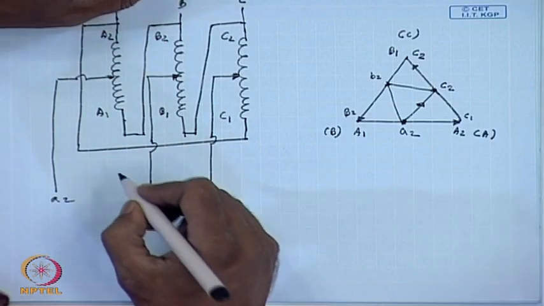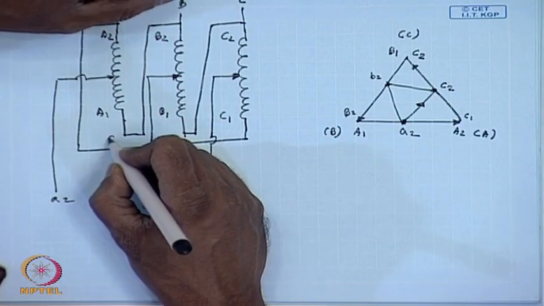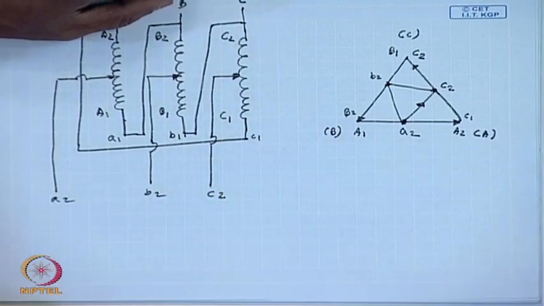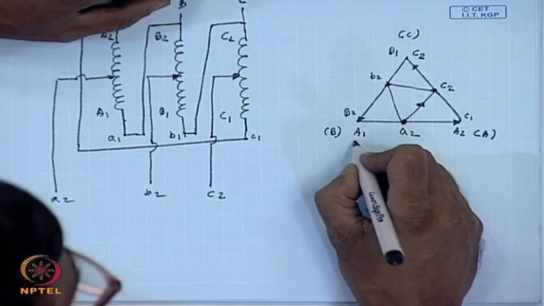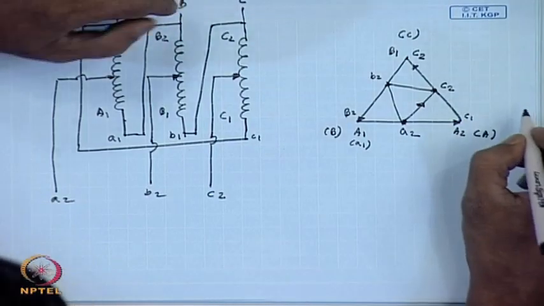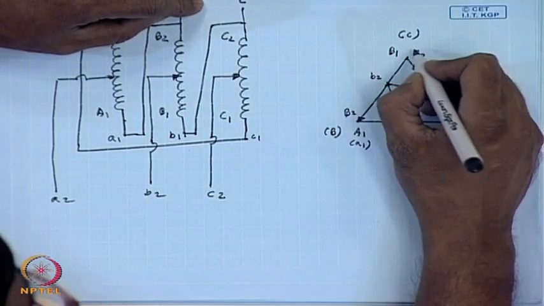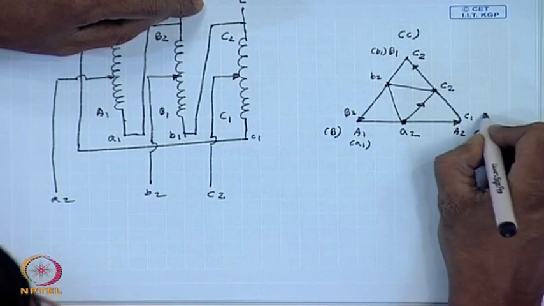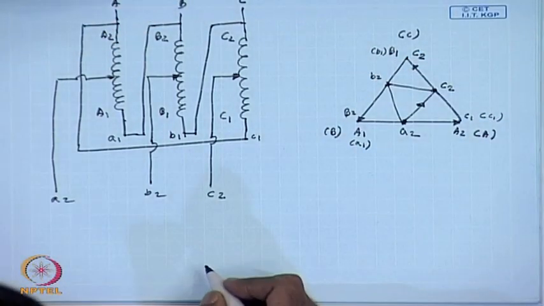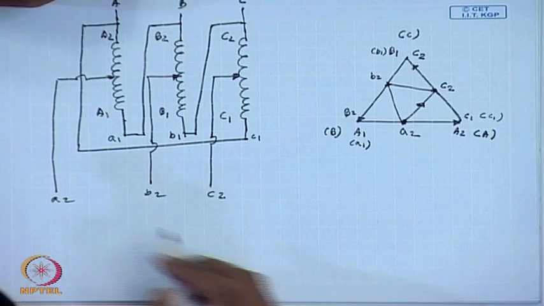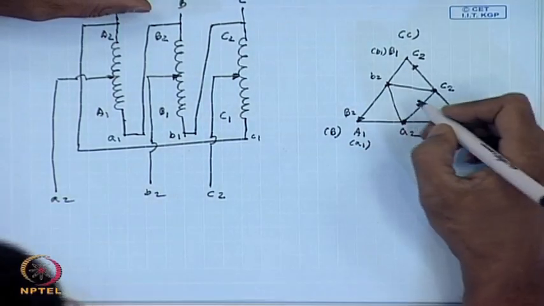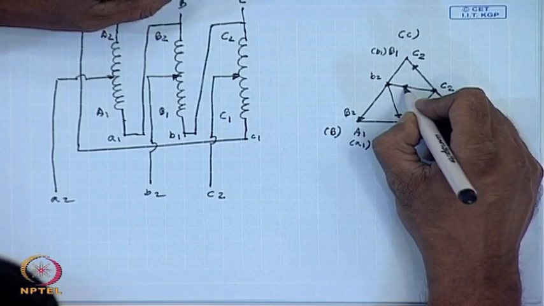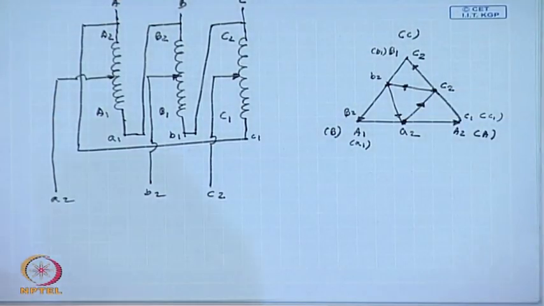We can call these points also small a1, small b1, small c1. That is, this point is also a1, this point is also b1, and this point is also c1. So, the line voltage A2 B2, B2 C2 and C2 A2 forms a phasor like this.